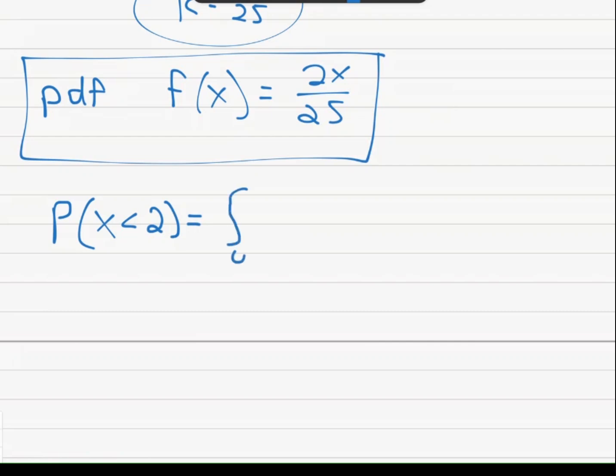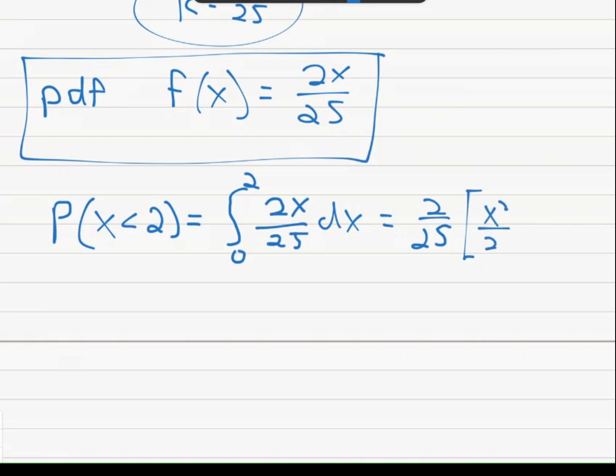So now the probability that x is less than 2 is going to be equal to the area under the curve between 0 and 2. So this is going to be the integral of 2x over 25 dx. And we can pull the constant out in front. So I'm going to have 2 over 25 times this integral. The 2 over 25 is out front, and x squared over 2 is my indefinite integral.